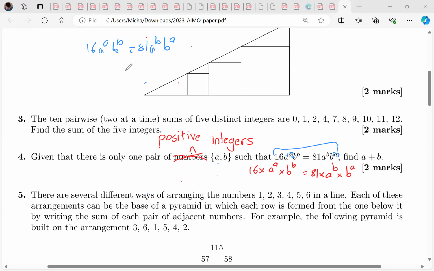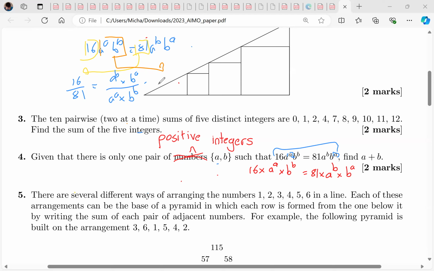We know these are constants, so we'll move them over to one side, and move all the power stuff onto the other side, just to make it easier to deal with. So what do we get? We get 16 on 81 is equal to a to the b times b to the a on a to the a times b to the b.